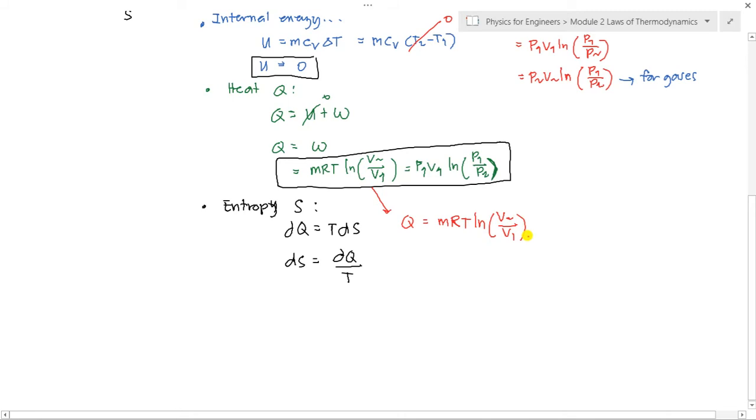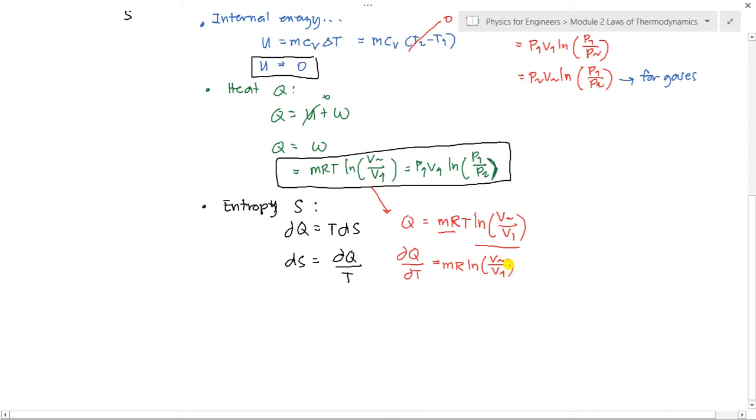If we take the derivative of q with respect to the temperature, we treat m, R, and ln as constants. So what remains is mR ln V2 over V1.